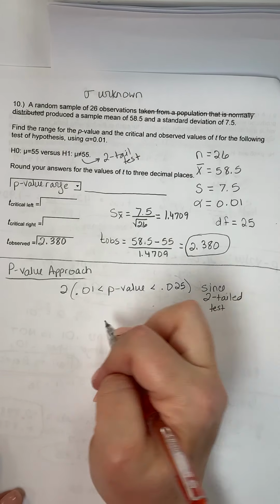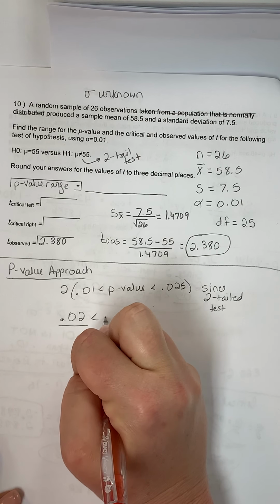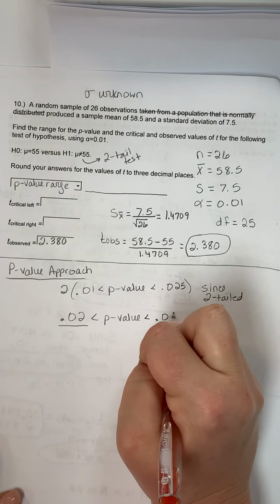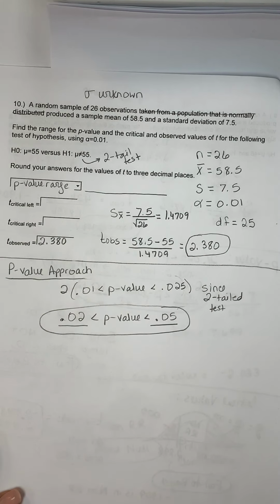All right, so I come up with 0.02 and 0.05. And that is my p-value range.